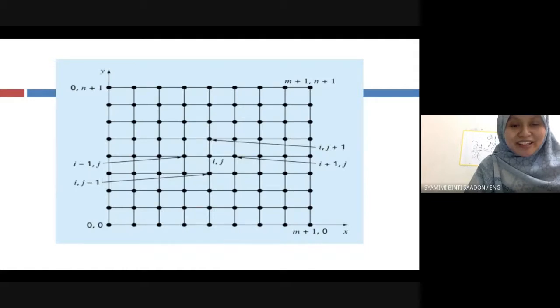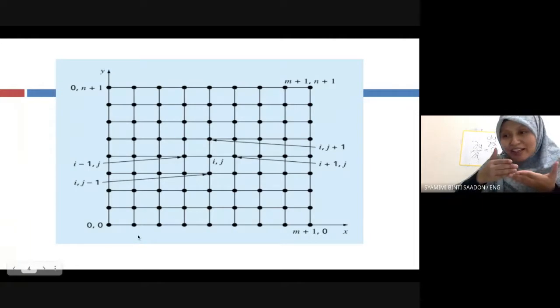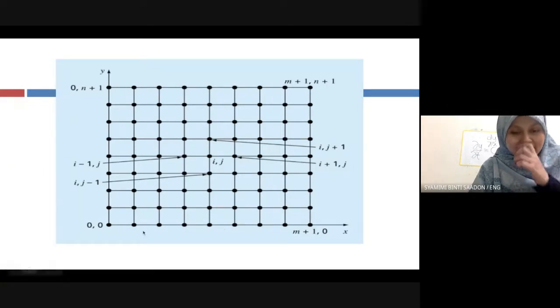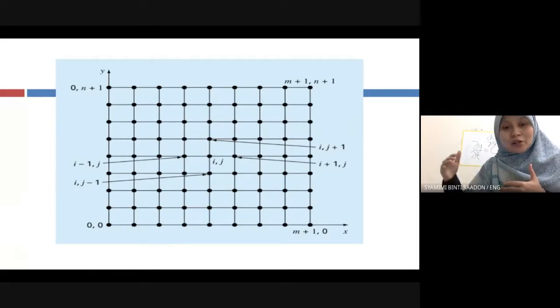An example like this one also: we have a y-axis and an x-axis. We are going to discretize, in simple words, we are going to divide the x and y axes into several nodes.